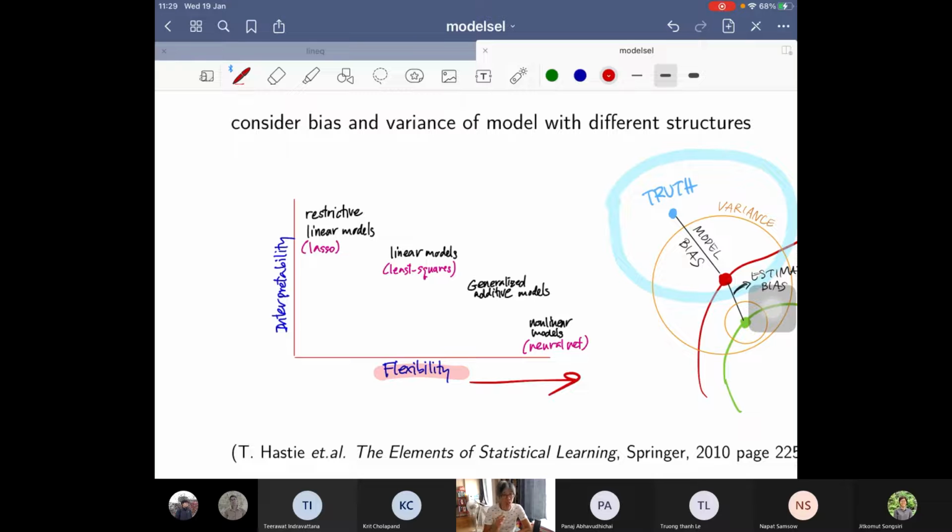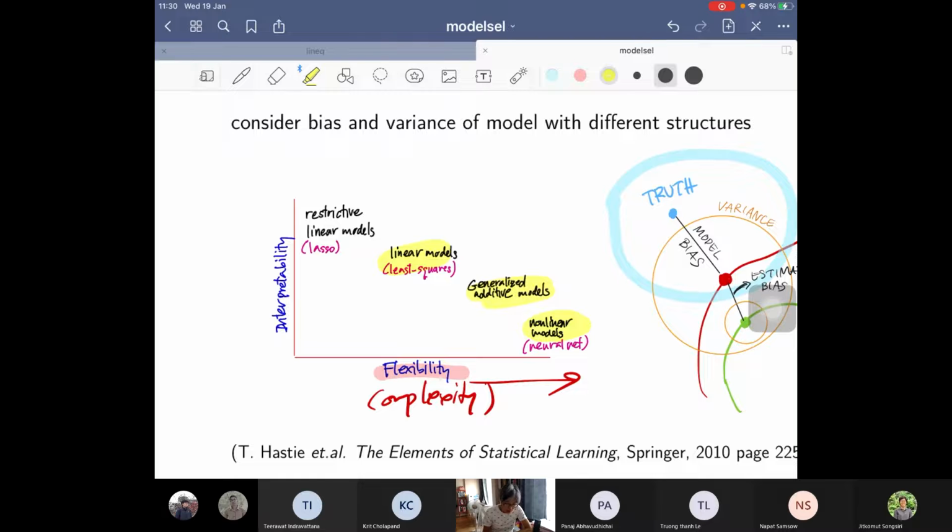So if the flexibility is high, it means that the model explains the response better. And flexibility is also proportional to model complexity. So here you see the linear model versus the neural net. All right, the neural net has more flexibility than the linear model.